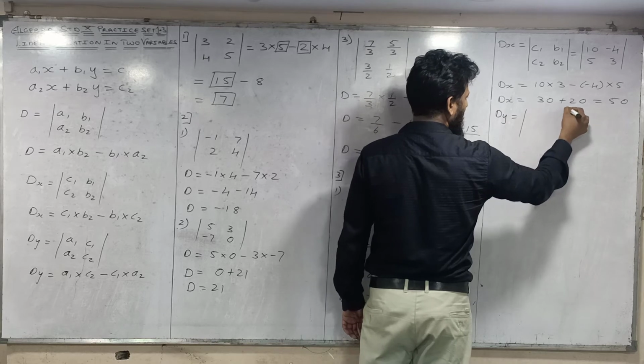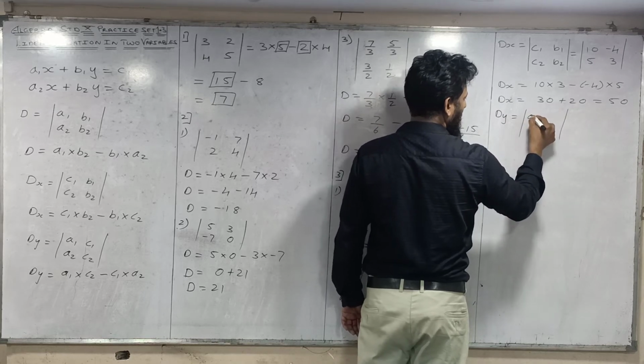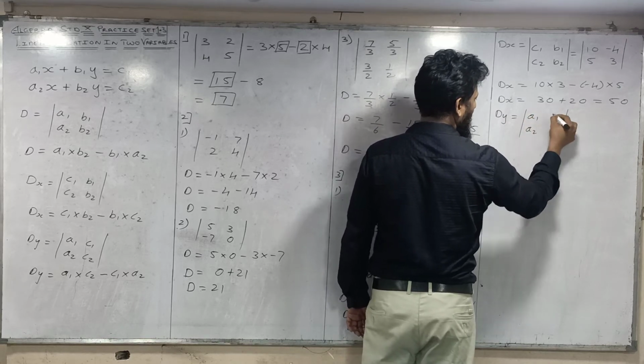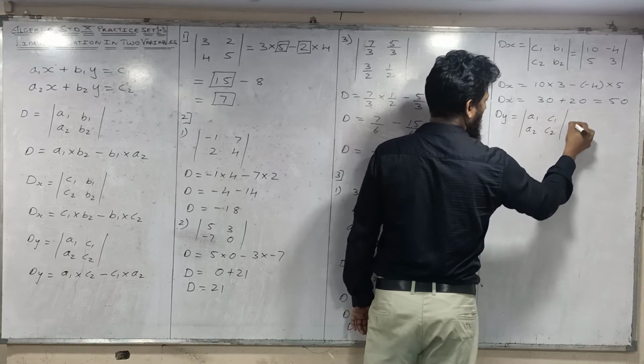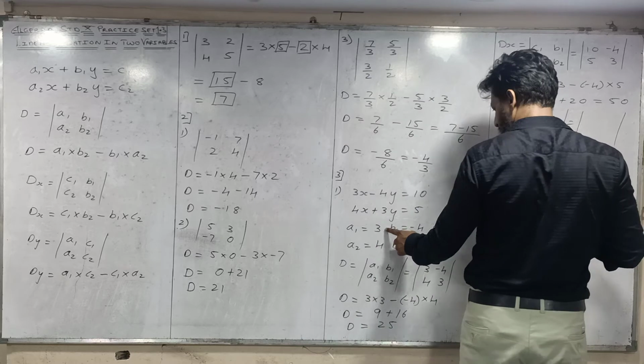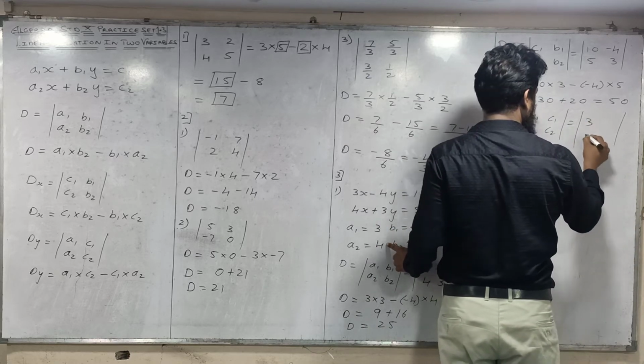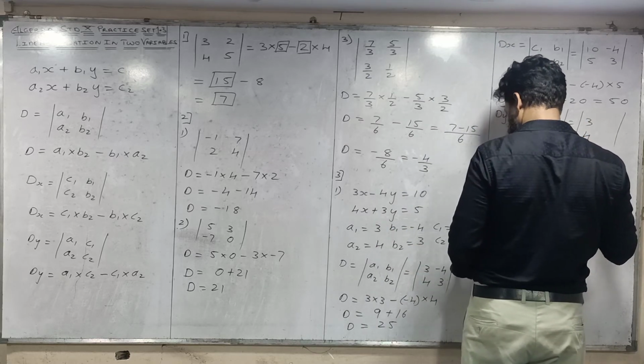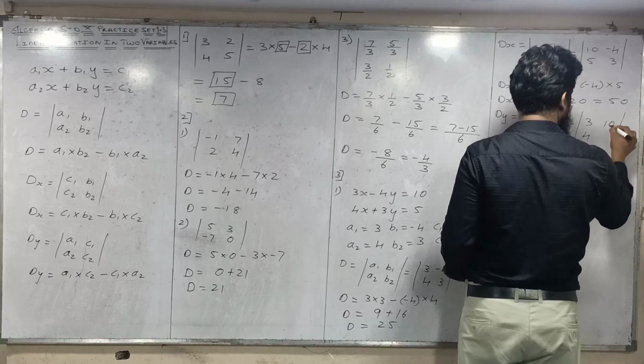So the formula is what? a1 a2, c1 c2. Again put the values here. a1 a2 is 3 4, c1 c2 is 10 5.